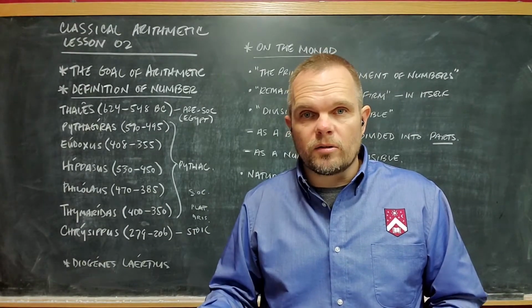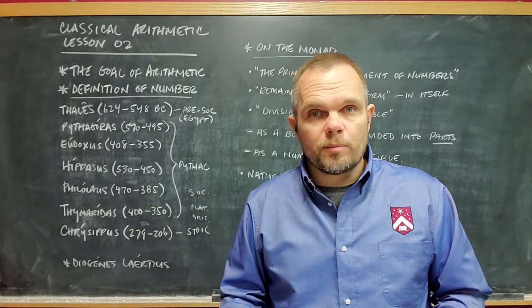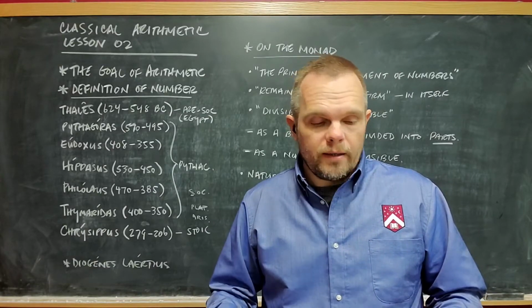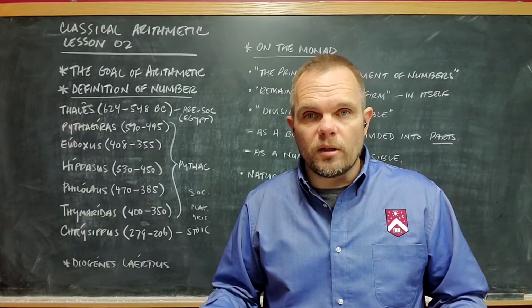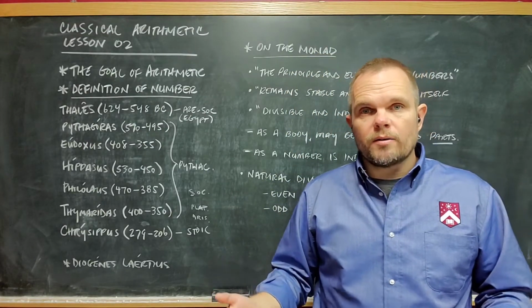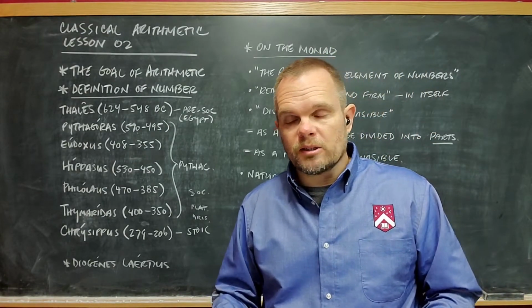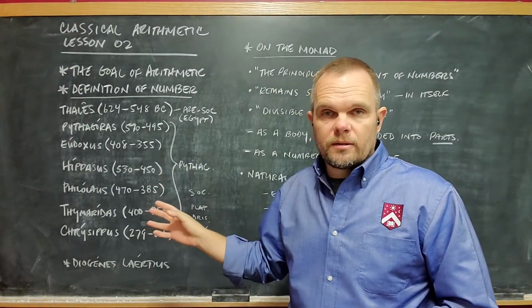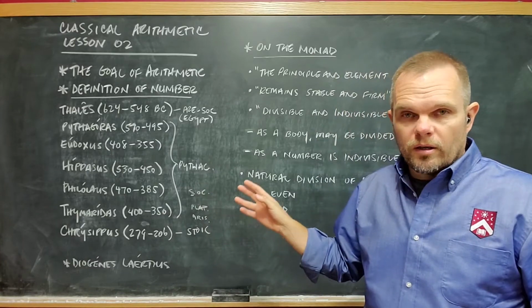It's not practical. If you take our practical arithmetic course or modern arithmetic, it's focused on counting physical objects. It's focused on calculation. That's what modern practical arithmetic is. But this is not modern practical arithmetic. This is ancient philosophical arithmetic.